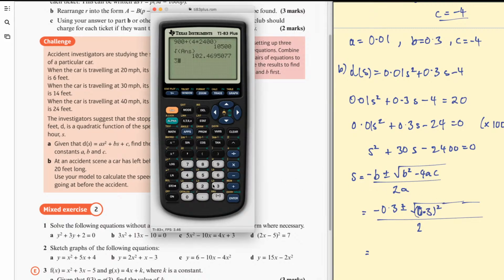Is that 0.9? 0.09, yeah. Take 4 times a times negative 24. Okay, then we get 0.09 plus 4 times 24, 96.09.